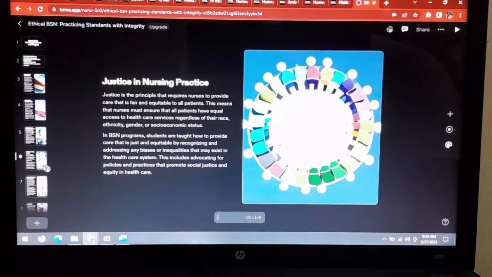So, justice in nursing practice. Justice in nursing practice requires nurses to provide care that is fair and equitable to all patients. This means that nurses ensure all patients have equal access to healthcare services regardless of their race, ethnicity, gender, or socio-economic status.